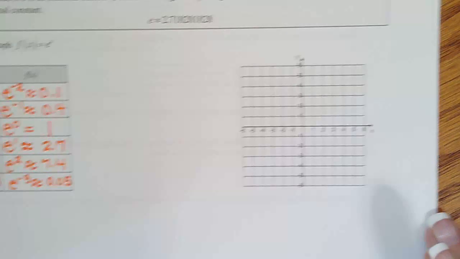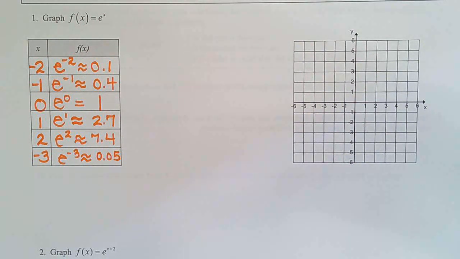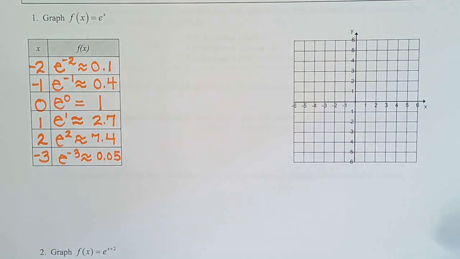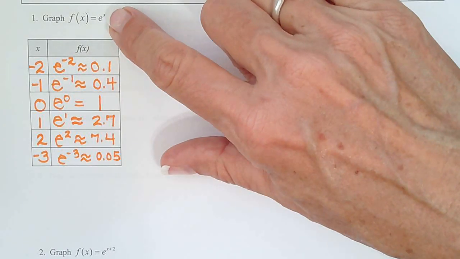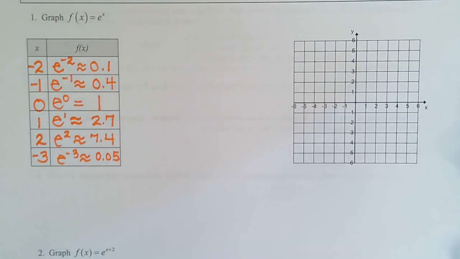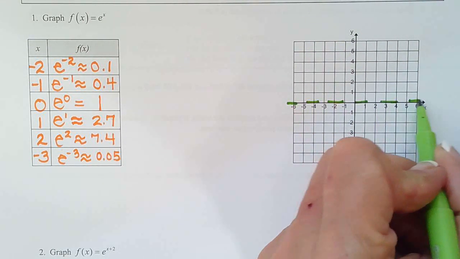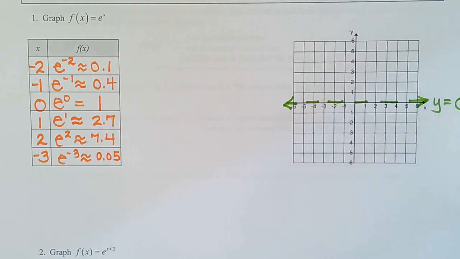I don't know what else you remember about exponentials from 8.3, but they have a horizontal asymptote. Remember how logarithms had a vertical asymptote? We learned that exponentials have a horizontal asymptote, and if it hasn't been moved up or down, which it hasn't, there's no +1 out here or -2 out here, that means its horizontal asymptote is going to be y equals 0.